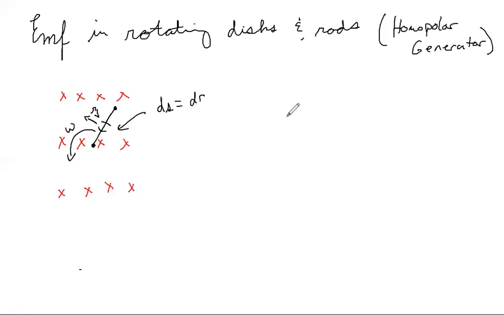So we're going to get a magnetic force that is going to cause charge separation, an accumulation of positive charges here and negative charges on the other end.